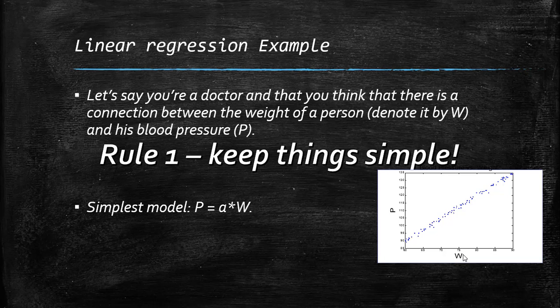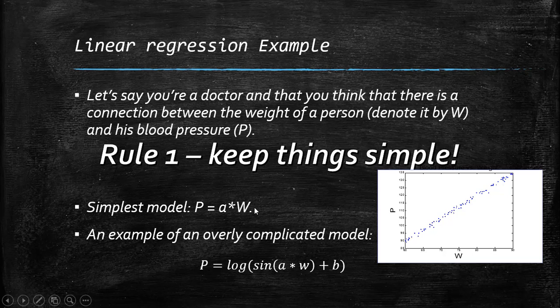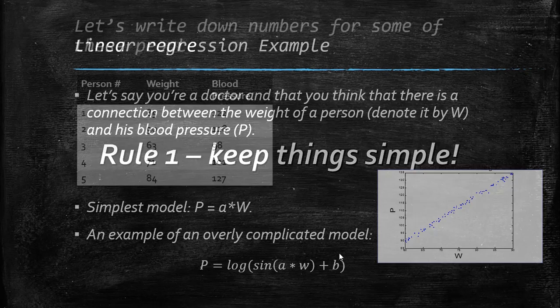So the most simple rule is, let's say that blood pressure is just some number A multiplied by the weight. Now I will just give you an example of how you can overcomplicate stuff. Then you can guess that the blood pressure is the logarithm of the sine of A times W plus B. This is very complicated and you should never ever go there. Definitely not at the beginning.